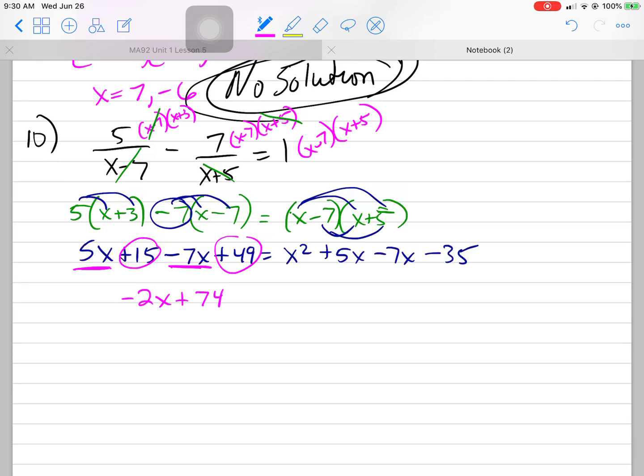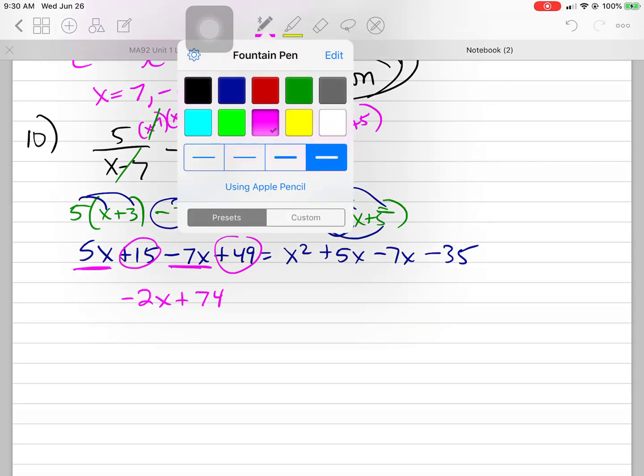Sorry, just checking my work against the key real quick, because I was doing this kind of fast, and I had a 25 up here, which would be, wait, where'd I get the 3? Oh, that's a 5. That's what the problem is.